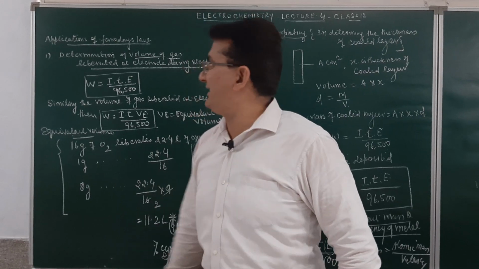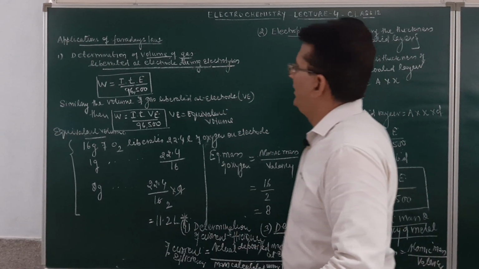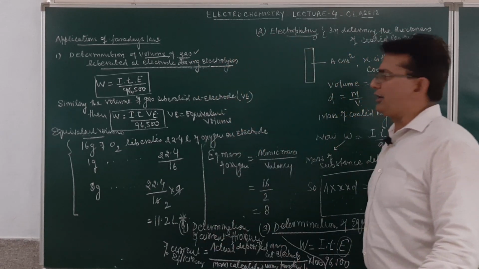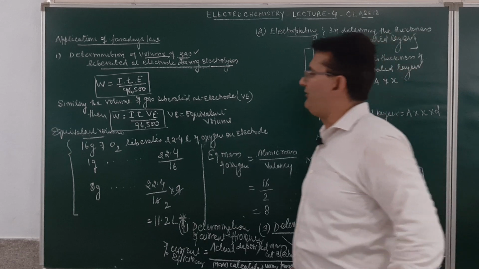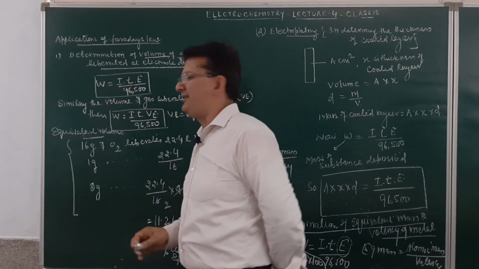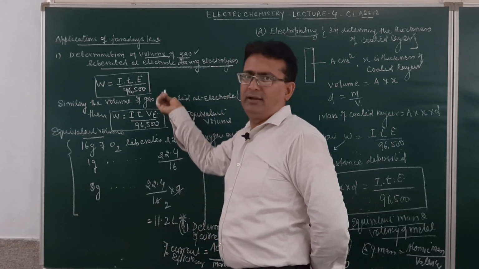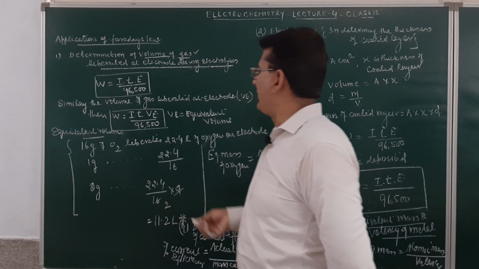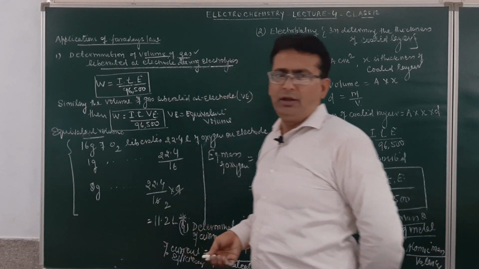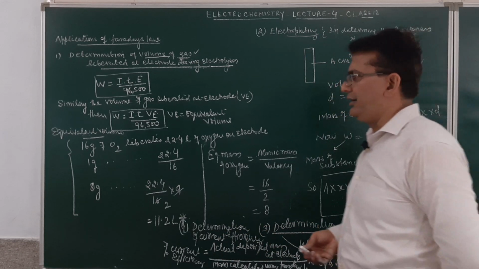What are the various problems that can be solved on the basis of this? It helps in the determination of the volume of a gas liberated at an electrode during electrolysis. The formula is W equal to I into T into E upon 96,500 coulomb, where E is the equivalent mass. Similarly, the equivalent volume can be calculated by the formula W equal to I into T into VE upon 96,500 coulomb.